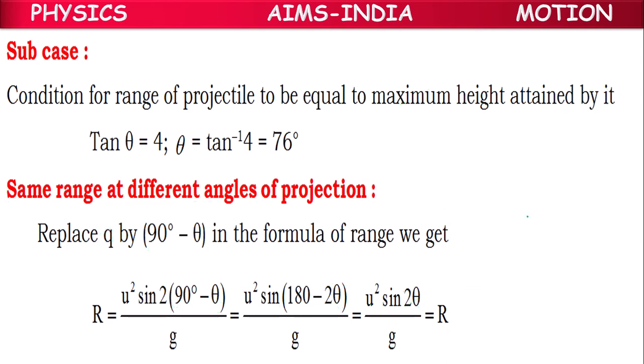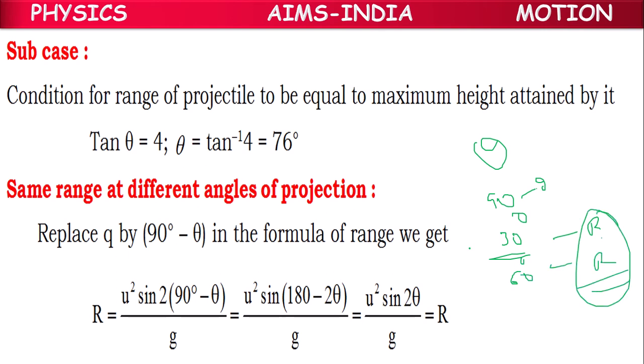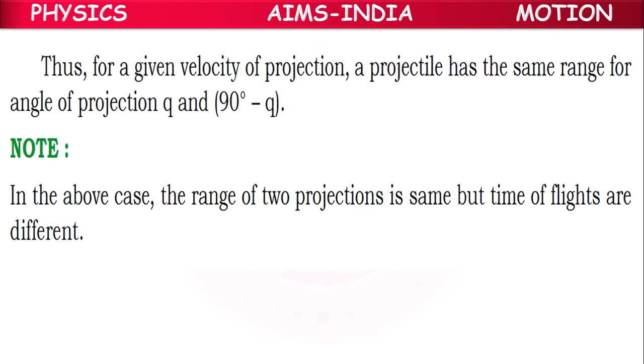Means when we have theta value, r is the same. When we have 90 minus theta value, r is the same. Means for 30 degrees of projection, we will get one r value. 90 minus 30, for 60 degrees of projection also, we will get the same value of r.